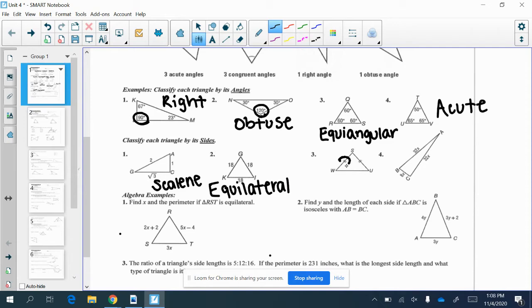These markings right here mean these two sides have the same length. So we have two sides of the same length. When you have two sides of the same length, that is going to be an isosceles triangle. And here again, 32x, 32x, that means that those two sides are the same length. So again, that's going to be an isosceles triangle.